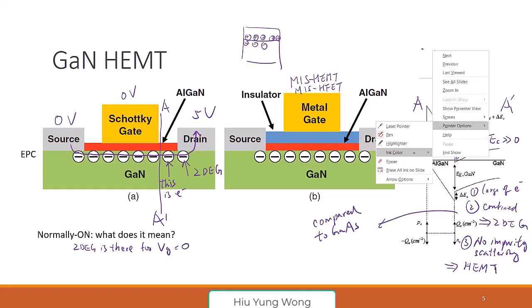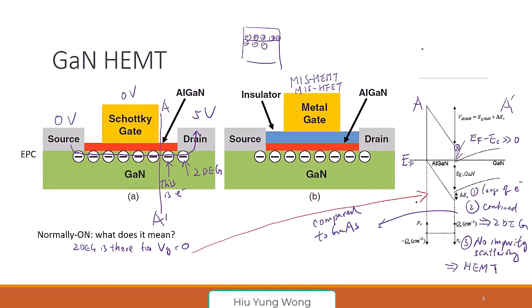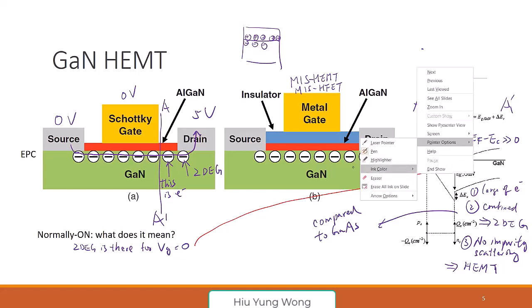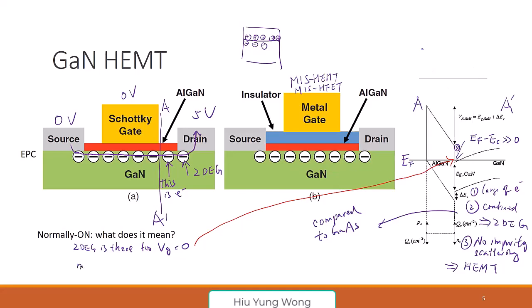So it is on, even when you have zero bias. And you also gave me the solution already. You say that we need VG smaller than 0 to turn it off.